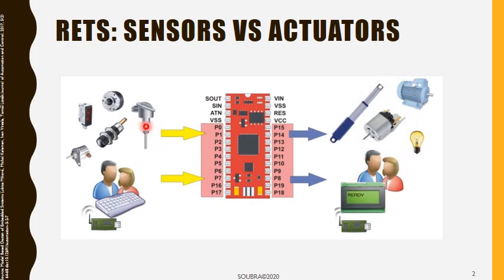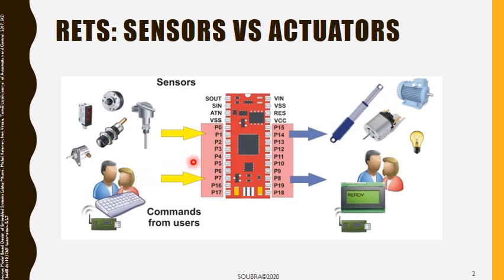In order to sense the environment, we can use a bunch of components, and we call those components the sensors. But then again, an embedded computer can also get some commands directly from the human users through buttons, keyboards, any other equipment.